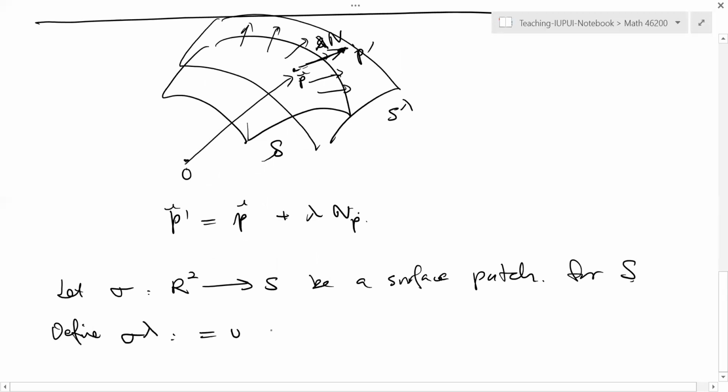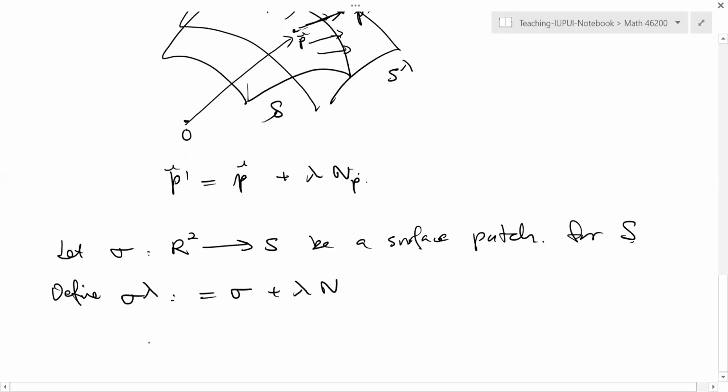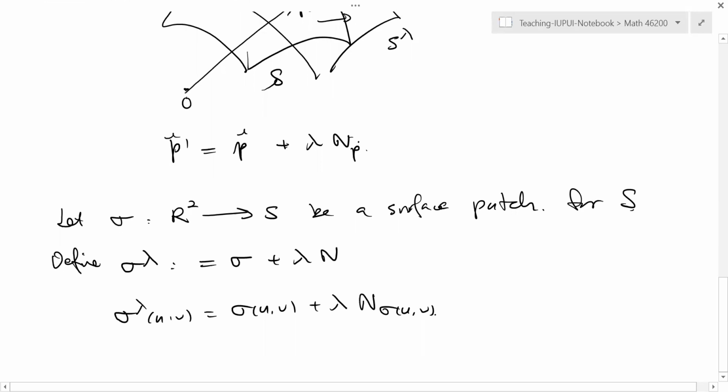This is going to be sigma plus lambda n. More precisely, sigma lambda of u, v. For simplicity, we let n always be the normal vector at the point.